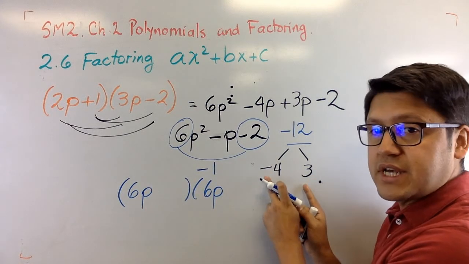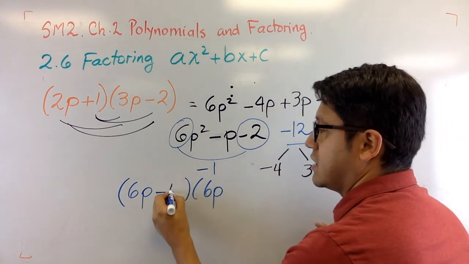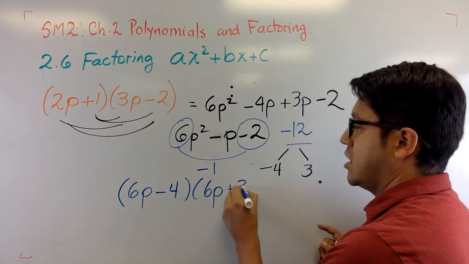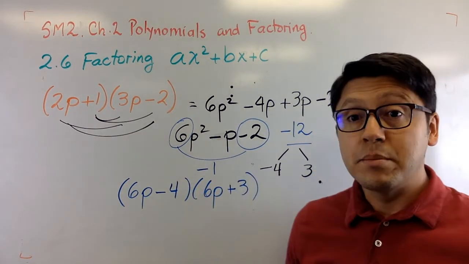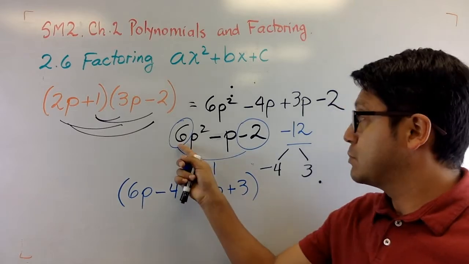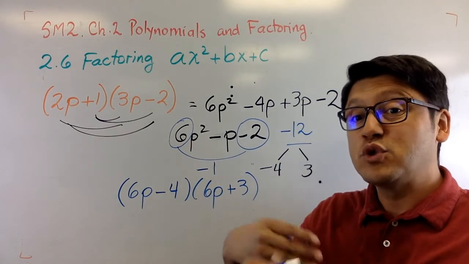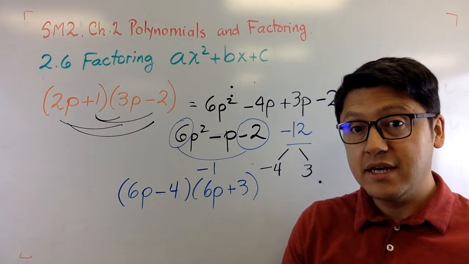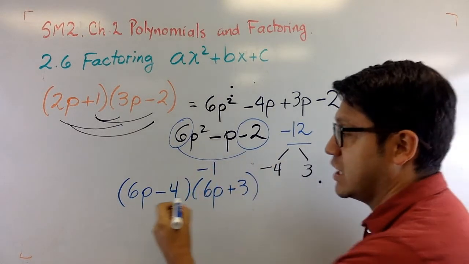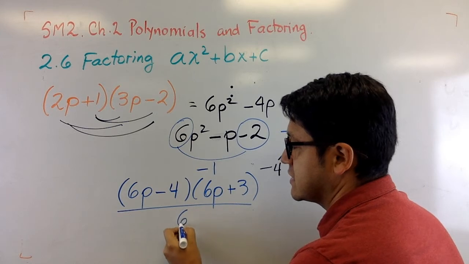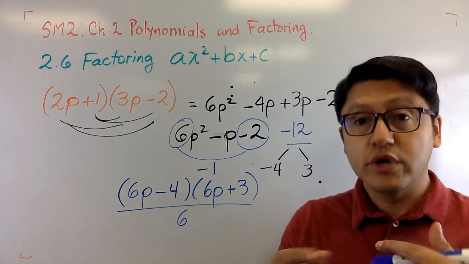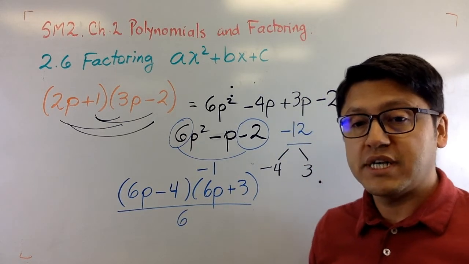And now we're going to assign each of these numbers: -4, +3. But remember, we multiplied by 6, we changed the expression. So now we have to get back. So if you multiply by 6, now you're going to divide by 6. We're going to get back from that multiplication by 6.